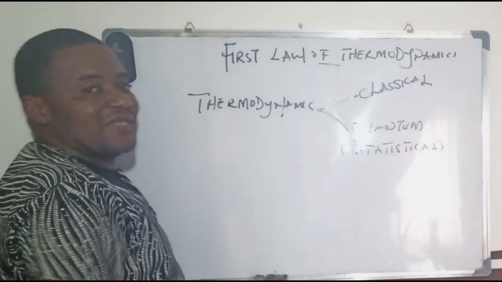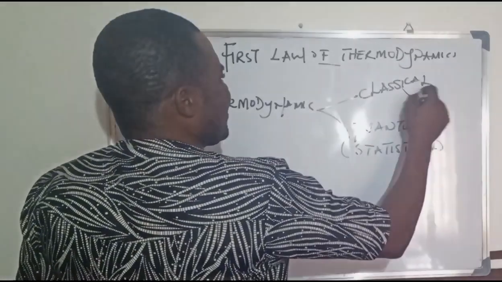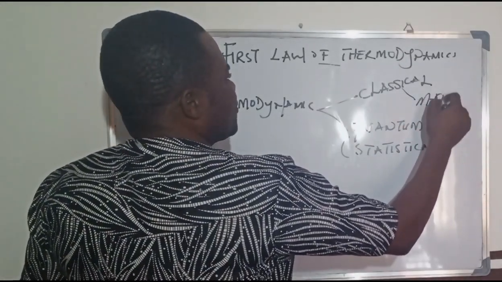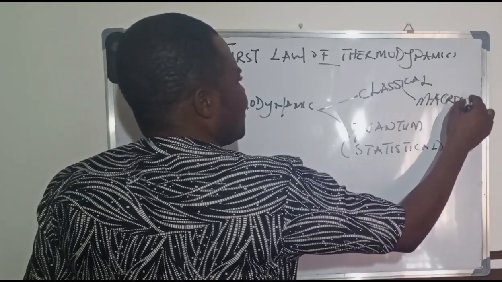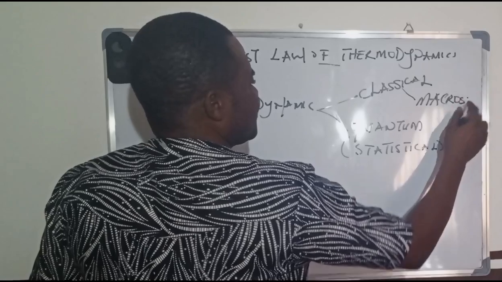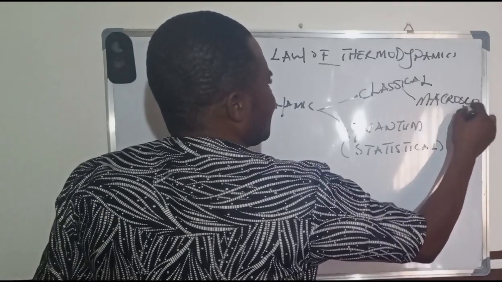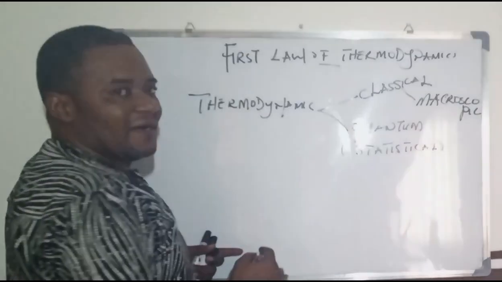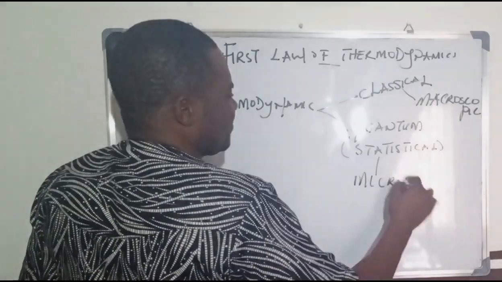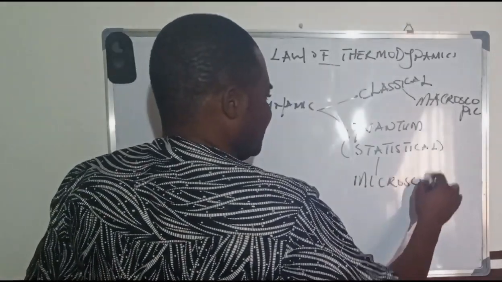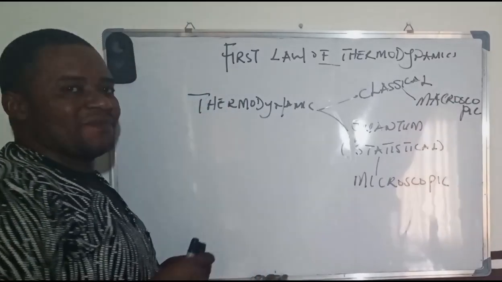The classical thermodynamics deals with the macroscopic parameters, while the quantum one deals with the microscopic parameters.